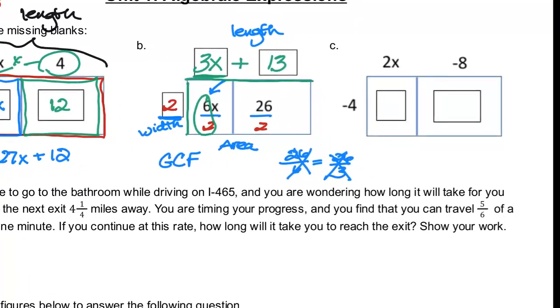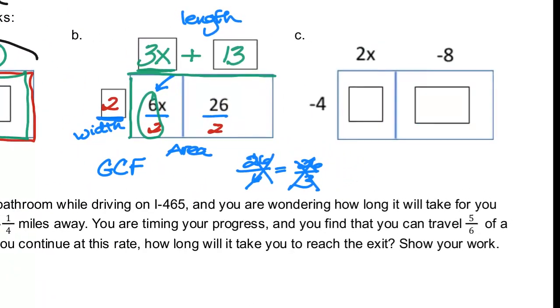What about letter C? What do I find for my areas there? How about this first rectangle? Negative 8x, yes, you are multiplying, right? Multiply. And what about the second rectangle?